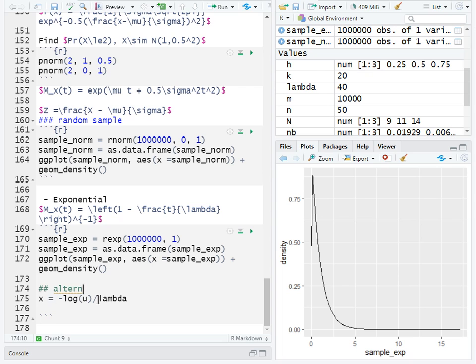This is the alternative way of simulating x's using the uniform distribution.